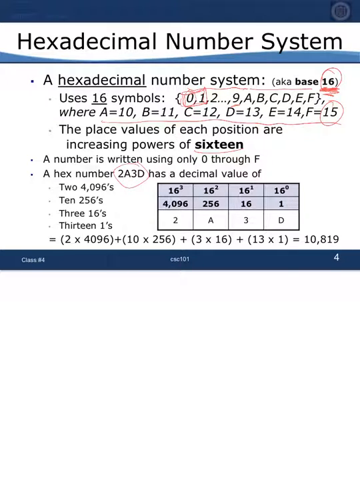Well, much like we've done with binary, we can do a little chart to help us convert. So the place values for hexadecimal, I'll do the problem down here below also, is I'd start with the ones place, but then it's base 16, so I multiply by 16 to get 16 in the second digit. The third digit I multiply by 16 again, and I get 256. And the fourth digit I multiply by 16 again, and I get 4,096.